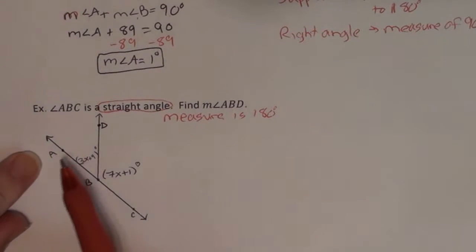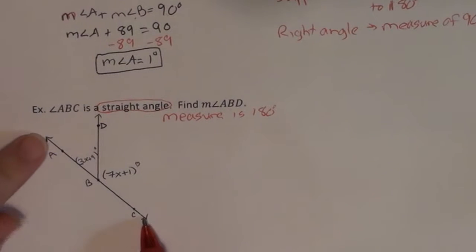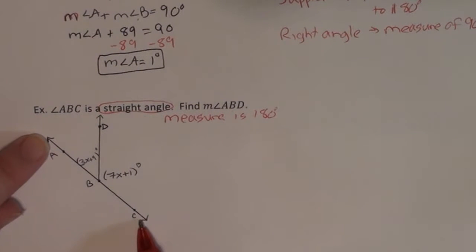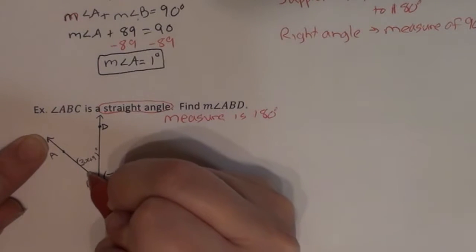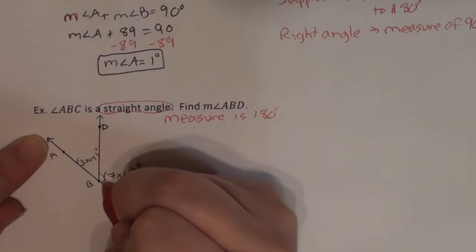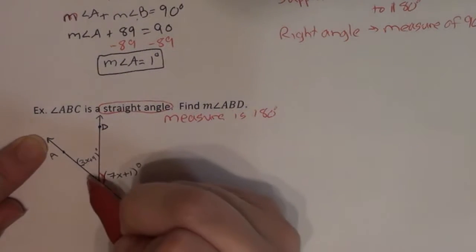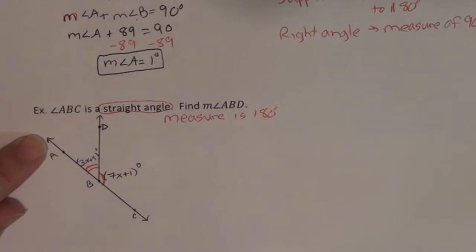So what we know, ABC, this straight line has a measure of 180 degrees. Well, the nice thing here is it actually has two pieces on the inside. It has angle CBD, but it also has angle ABD.